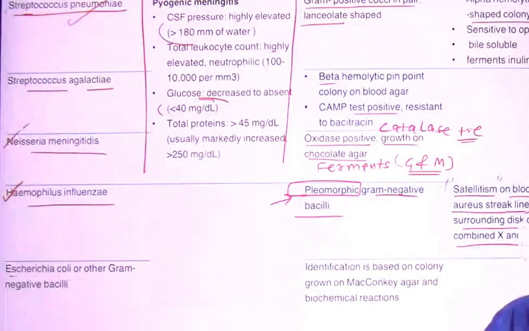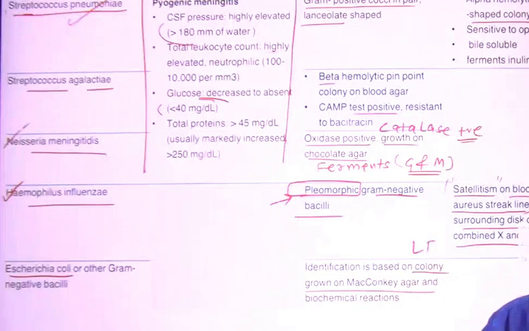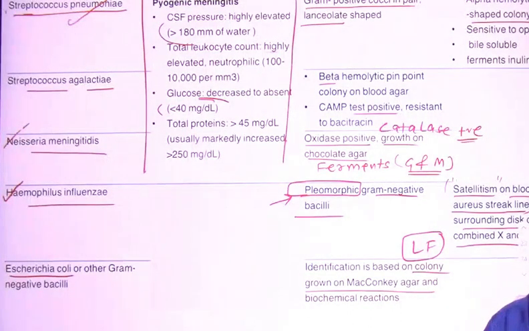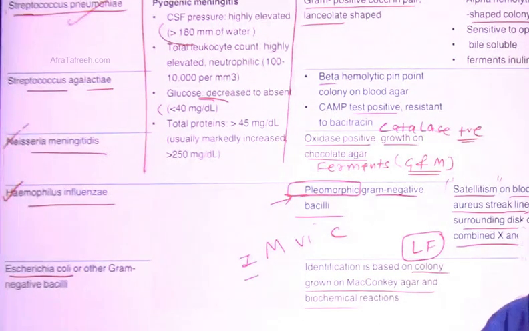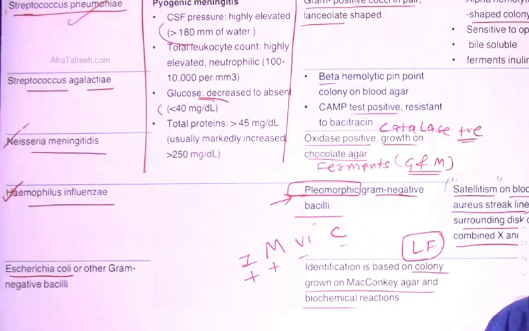Fine. Regarding the E. coli, if somebody asks you, then that particular one is identified on the Gram stain, or by the colony growth on the MacConkey agar. Why? Because this is a lactose fermenter. Okay, and it gives certain biochemical reactions positive. Which one? You know that we do these tests, IMViC. So this is found to be plus, plus, minus, minus.